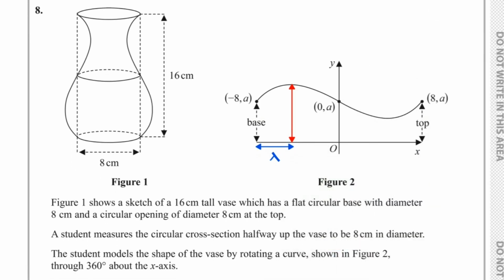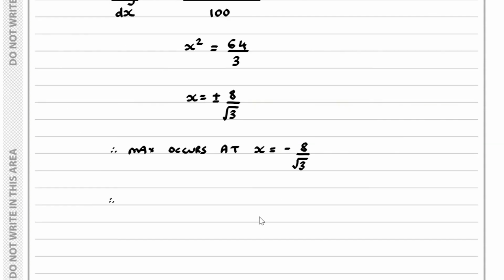And so what essentially we are saying over here is, this distance over here is equal to 4.61, etc. So we can find out what this is by doing 8 take away this. Therefore, we have 8 subtract 8 over square root 3.